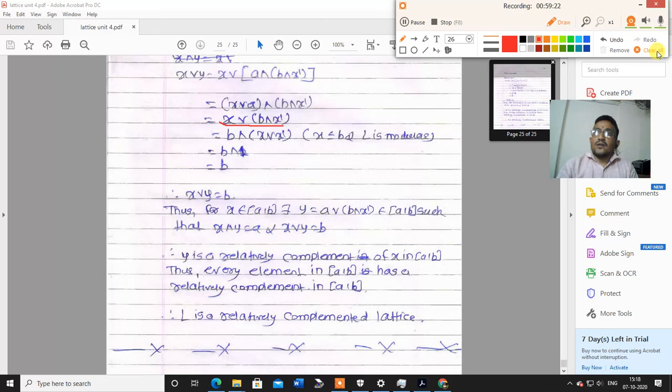Again here we can use the modular property.